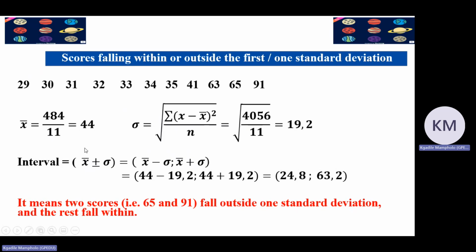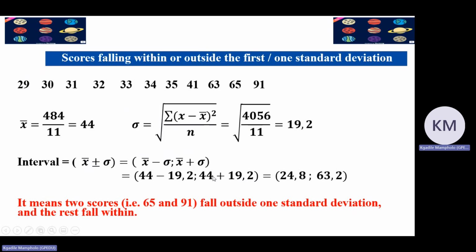Then you'll get the upper limit and the lower limit. This interval is what you use to determine the number of scores falling outside the first standard deviation, or falling within. Now, we got the mean and the standard deviation. The lower limit, you say mean minus the standard deviation.